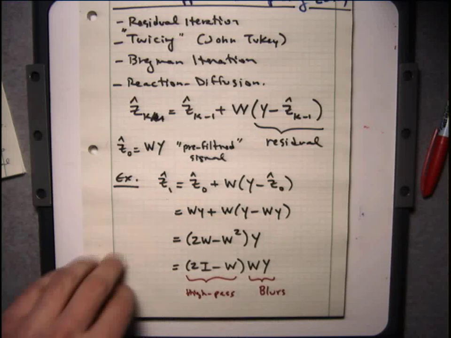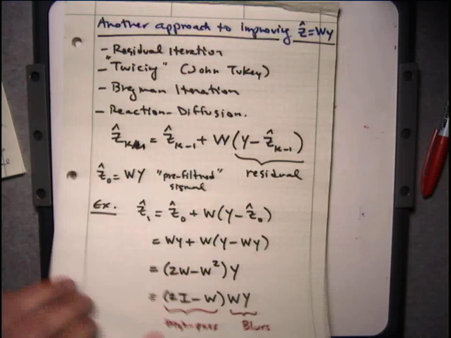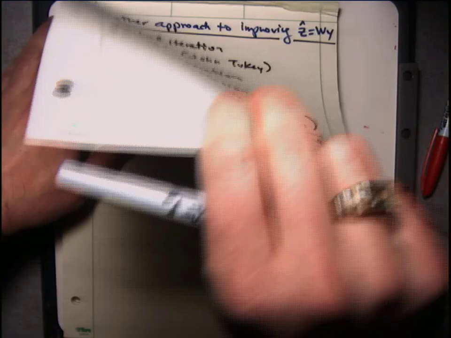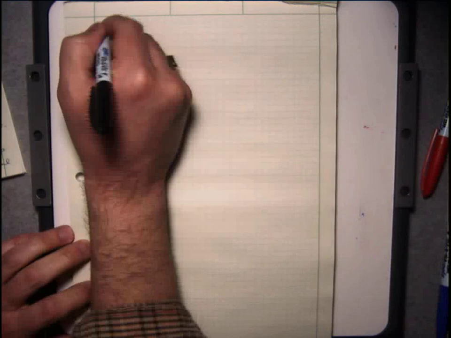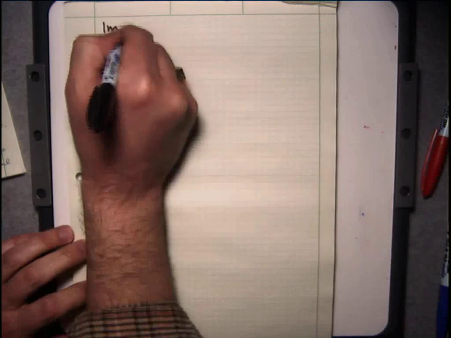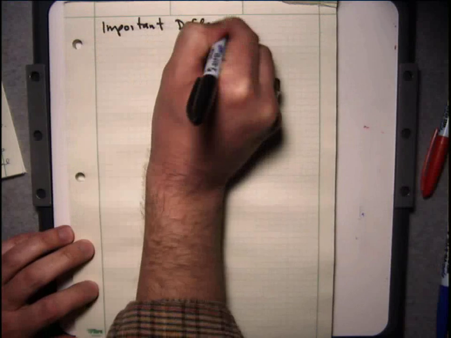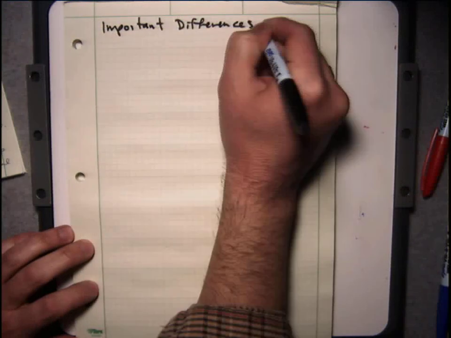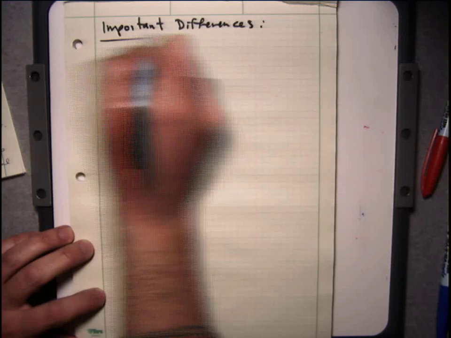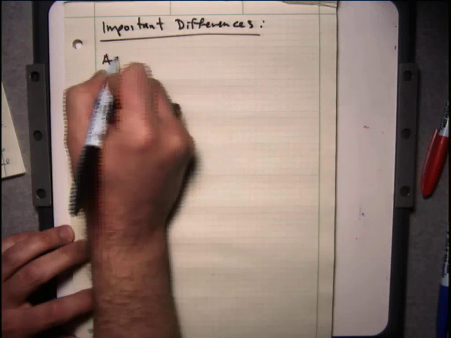It's interesting to also look at the asymptotic behavior of these two different filters to see what you get. So here are some important differences. First of all, let's look at them asymptotically.